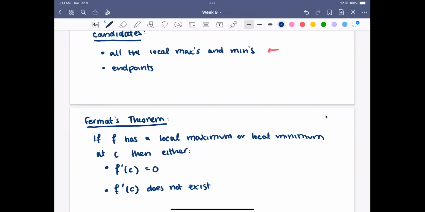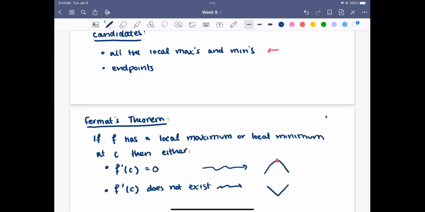Okay, so thinking about our pictures, let me give an example. If our function looks something like that, I think it is plausible that at this highest value, we're going to see that the derivative is 0, right? Just looking at the picture, that makes sense. The tangent line has slope 0, and we'll prove why that has to be true. Or it could not exist. So here's how that might look. Think about the absolute value function, right?